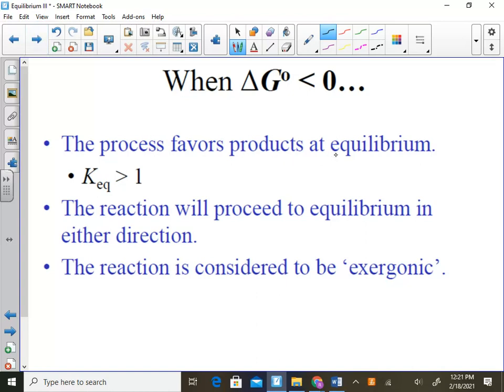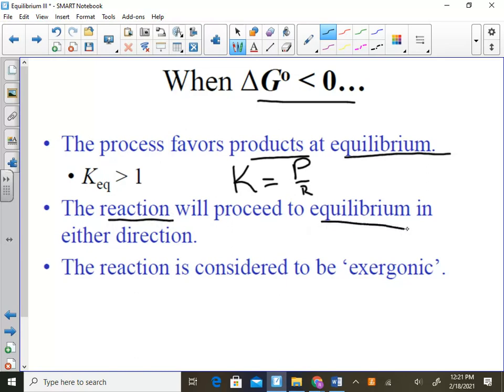At equilibrium, if delta G is negative, it favors our products. If it favors our products and our K is products over reactants, we have a whole lot more products than reactants, and so we have a really big number, much greater than 1, for K. Depending on where you start, with reactants or products, it doesn't matter.